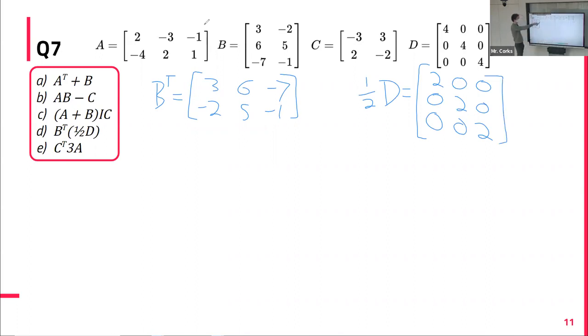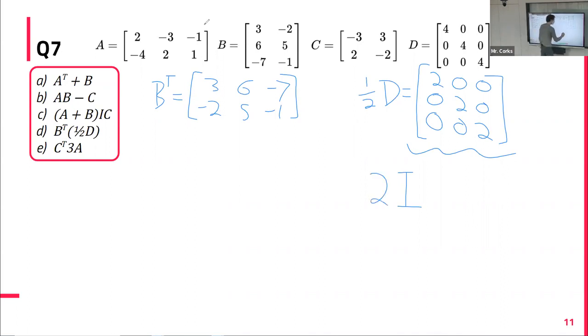What do you think will happen if we do B transpose times D? We could do the matrix multiplication thing, but there's a shorter way. Tell me how we could rewrite this thing using an identity matrix. What does an identity matrix look like?